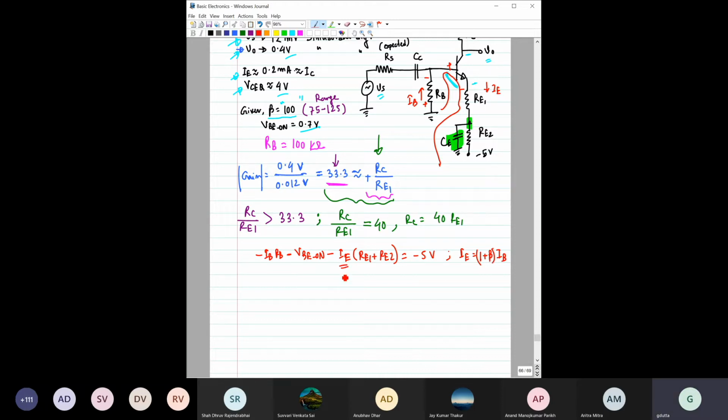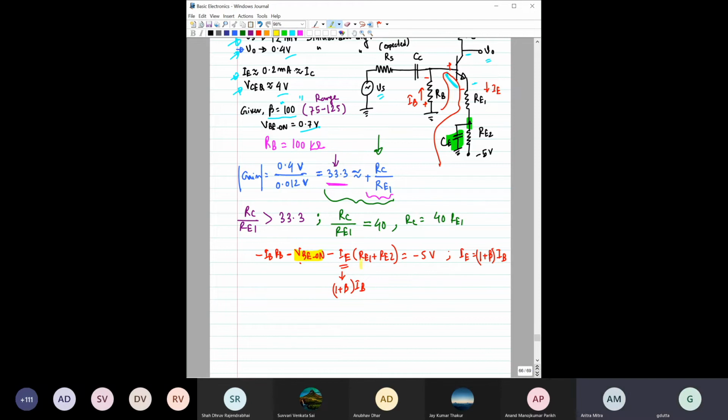So if you write it here, 1 plus beta into IB, right? So this value is known. And which values are known here, and which values are unknown?